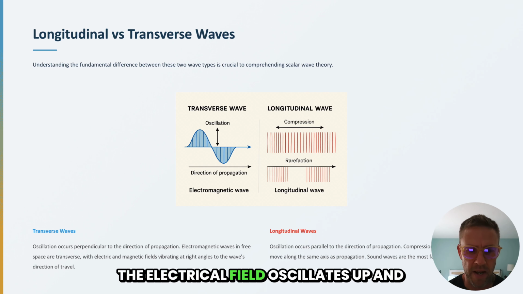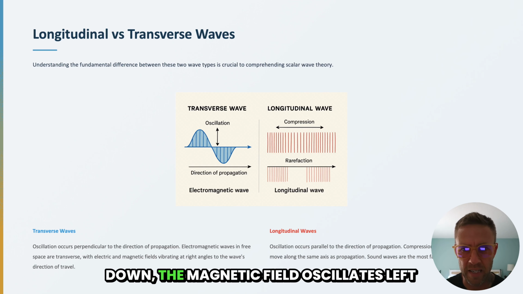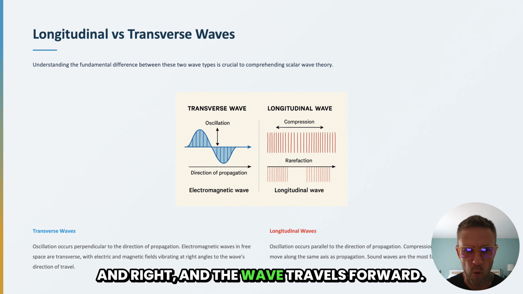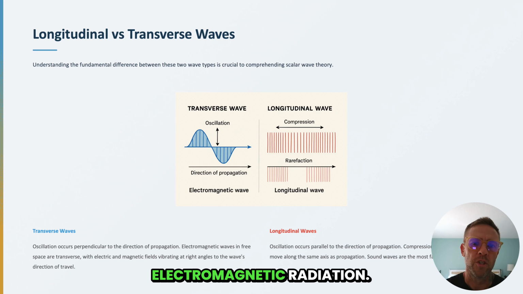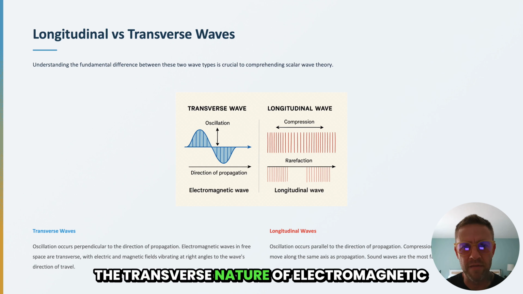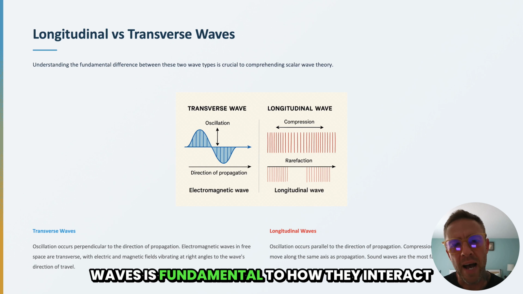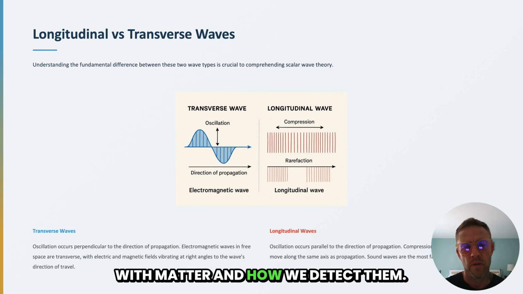The electrical field oscillates up and down, the magnetic field oscillates left and right, and the wave travels forward. This is true for visible light, radio waves, microwaves, X-rays, all electromagnetic radiation. The transverse nature of electromagnetic waves is fundamental to how they interact with matter and how we detect them.